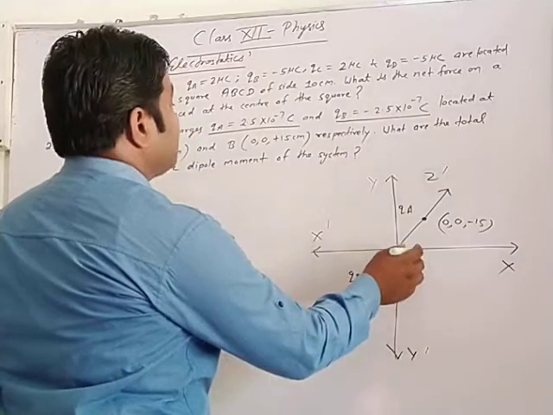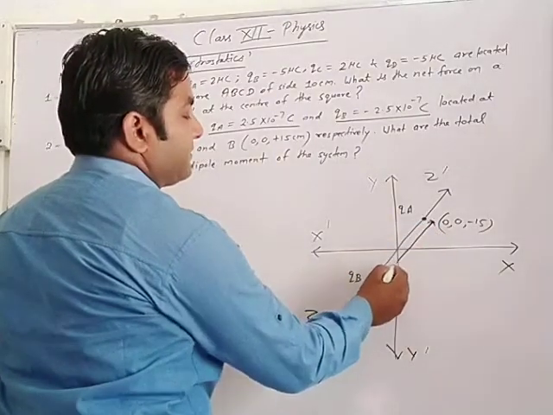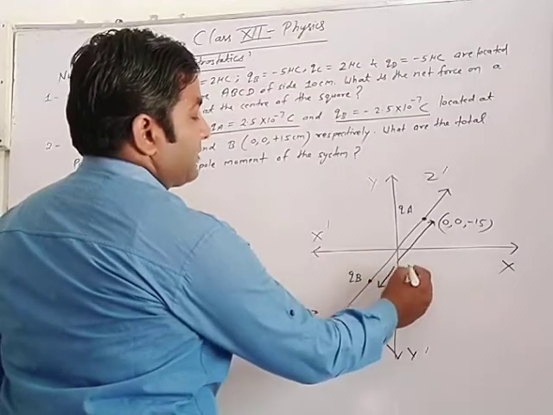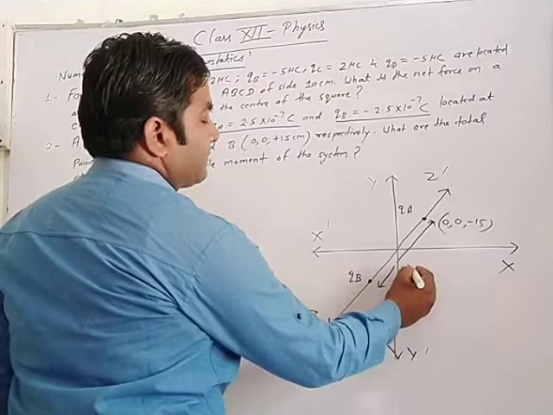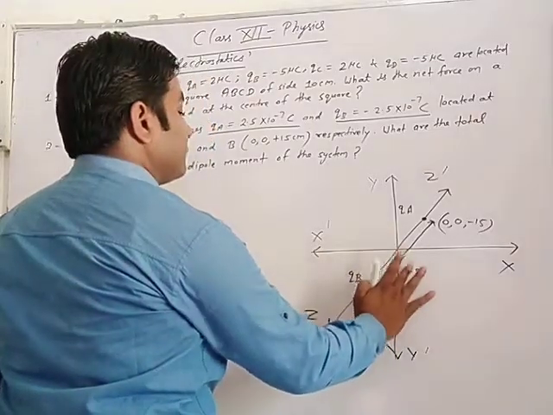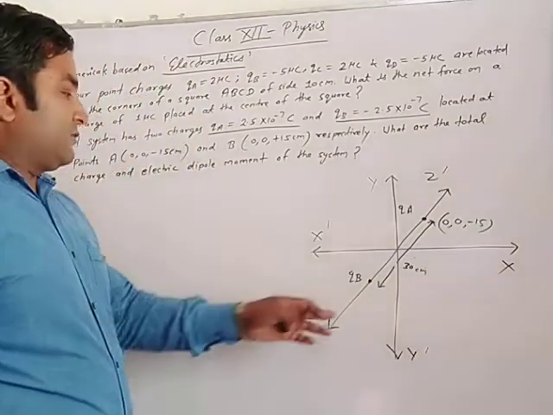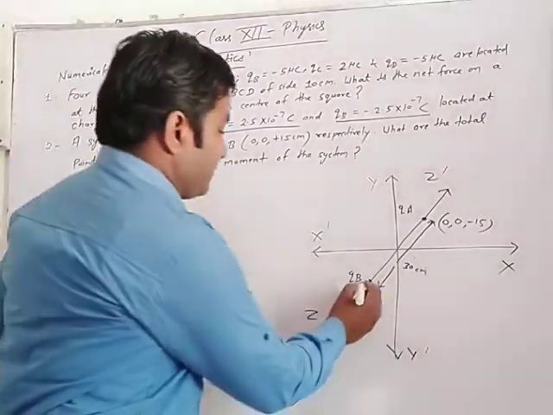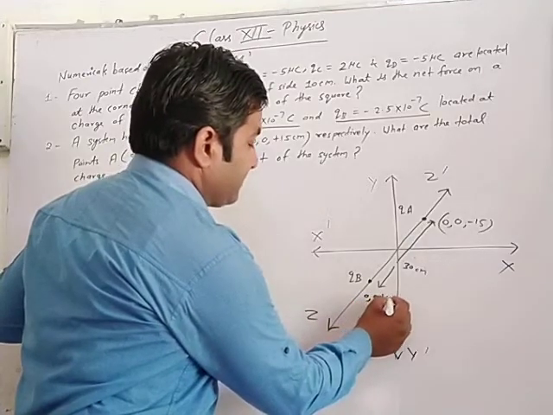And the distance between both, we have to calculate the sum of this 15 and 15, that is equal to what? 30 centimeter. The location of this point is 0 and plus 15.